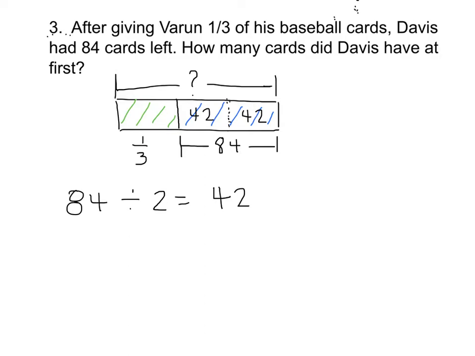There are 3/3 in a whole, so all I really have to do is say there are 3 groups of 42, which is equal to 126 cards. So Davis had 126 cards in the beginning. Okie doke. Good job.